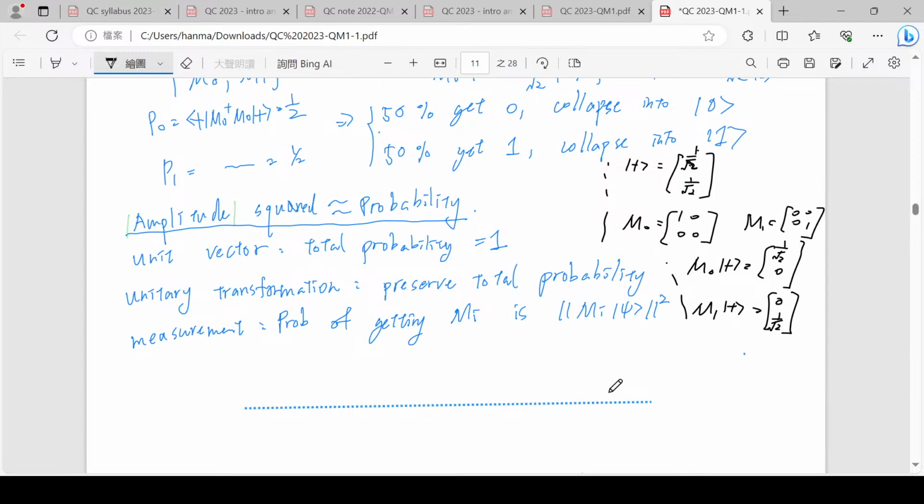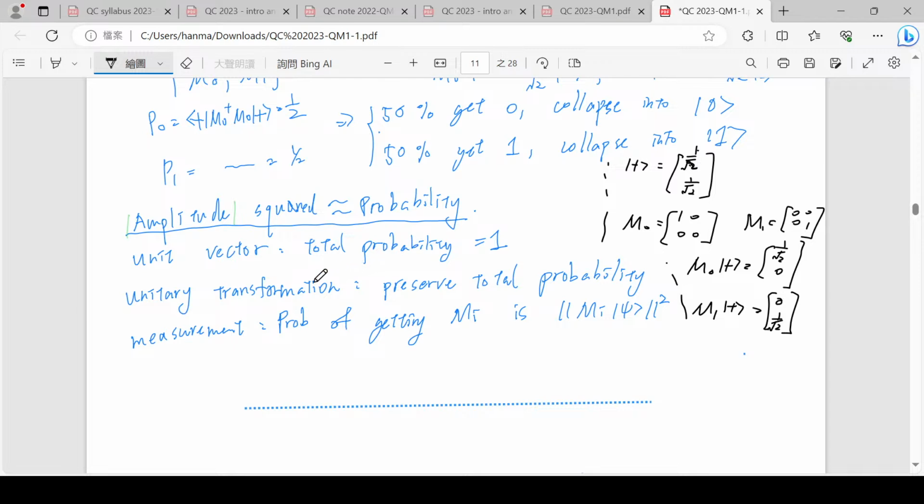I guess we didn't make it too rigorous, but I think it can be made rigorous. We have this intuition that amplitude squared, the absolute value squared, is equal to probability.